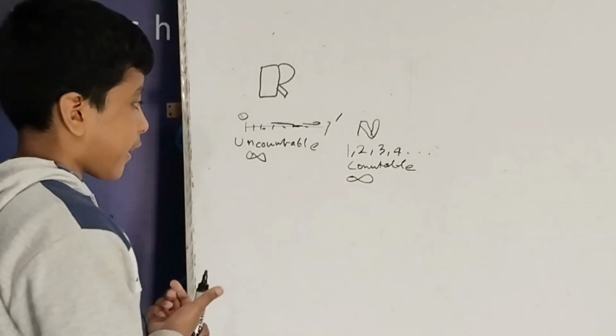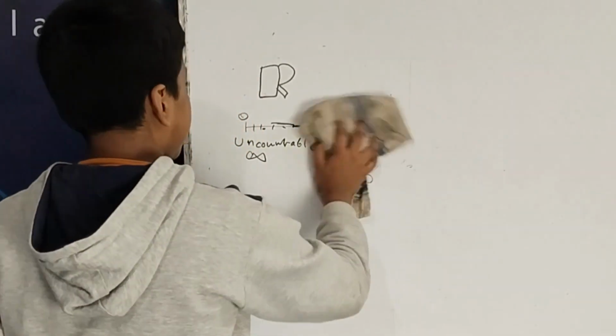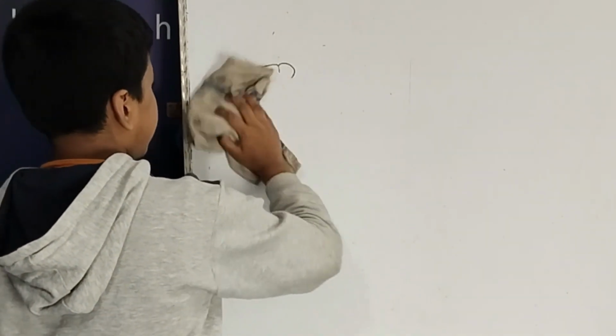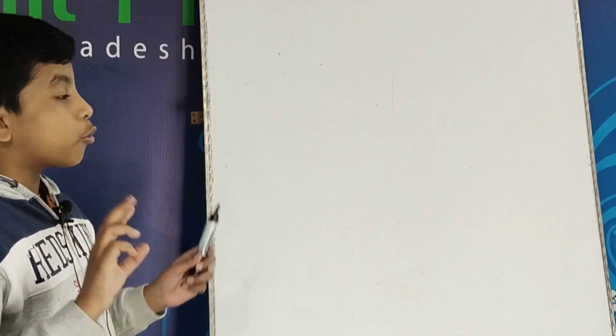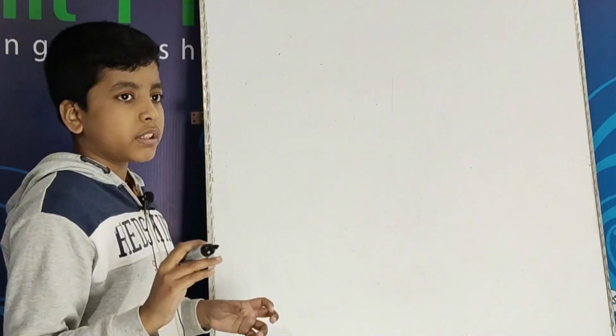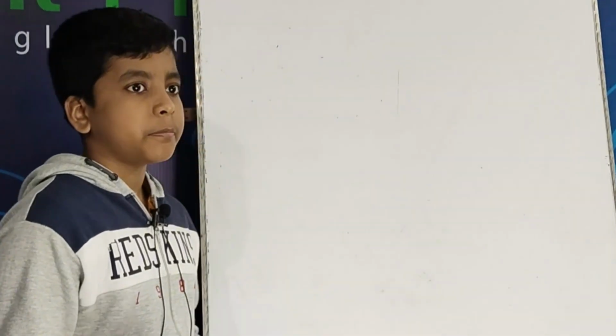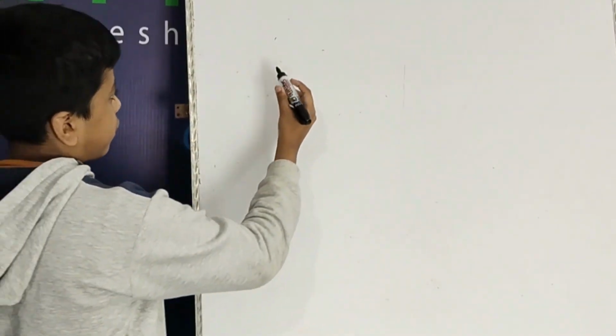That's because Georg Cantor proved this. So let's say we have a list. Now, we have already determined what equivalent means. Equivalent means when two sets have the same amount of elements. So let's say the amount of elements in all the natural numbers is equal to the amount of elements of the real numbers between 0 and 1.